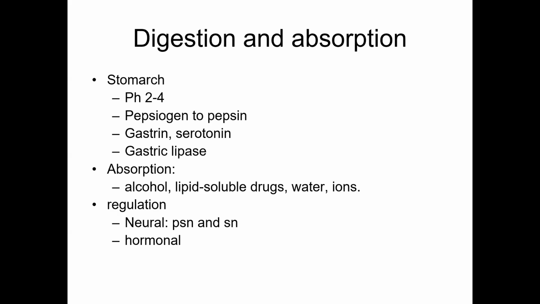The gastric juice is very acidic. This is in our favor because when you eat stuff, especially a salad, for example, there are a lot of bacteria in this uncooked food.